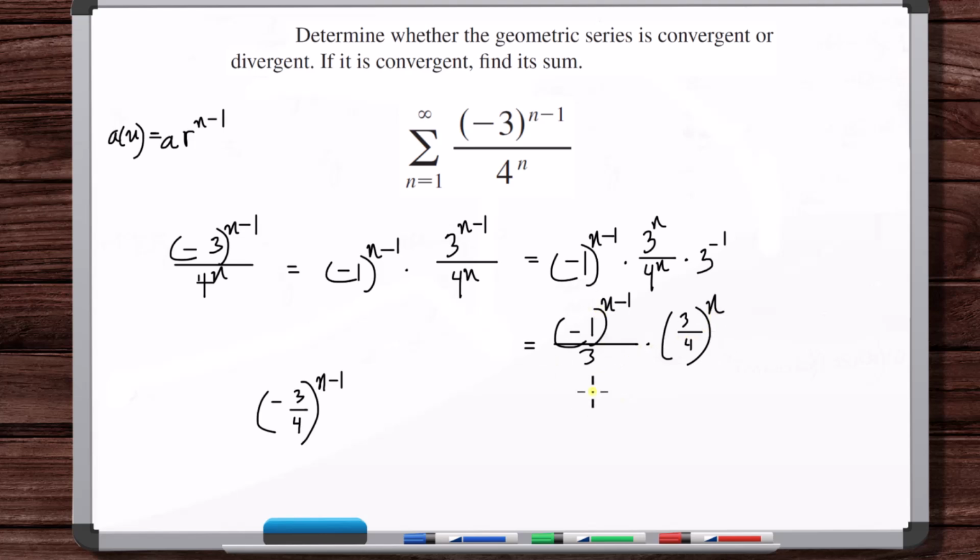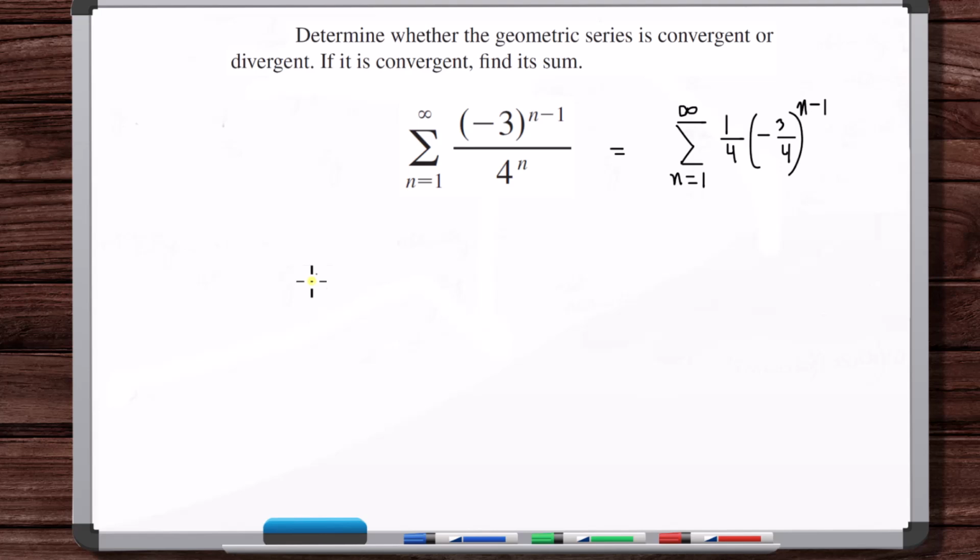So this is positive 1/3, and then this is 3/4 to the 1. So the first term is 1/4, so we want to put a 1/4 here. We haven't changed the summation. Now with this, we can say that A is equal to 1/4, R is equal to minus 3/4.